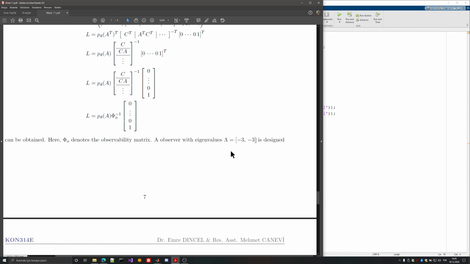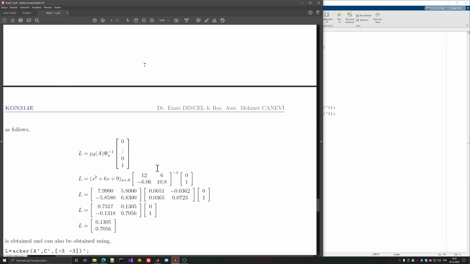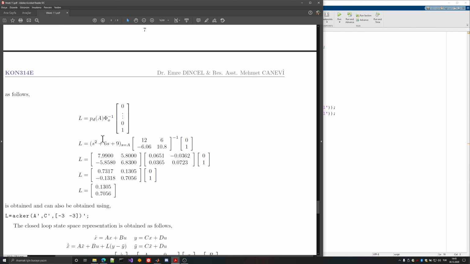So we are assigning -3. So we will just use this formula here. S squared plus 6s plus 9 is the characteristic polynomial. This is the observability matrix, and this is this column vector. And then we calculate our L matrix.